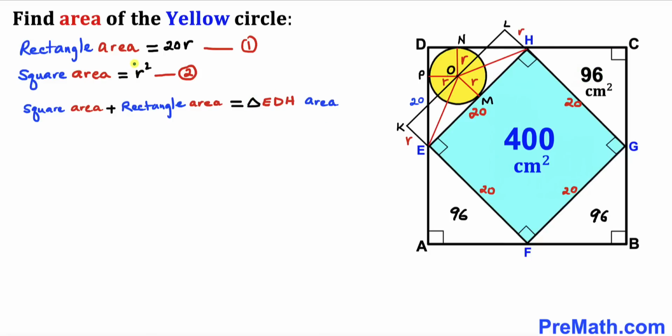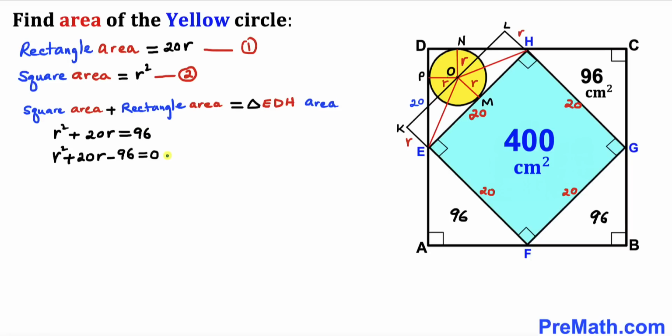And we also know that the area of this square is r square, and the area of this rectangle is 20r. Let's go ahead and substitute the values in this equation. So our square area is r square plus rectangle area is 20r equal to 96.